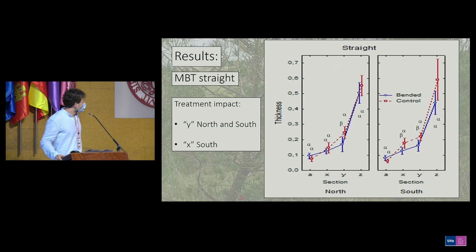We have again a reduction on both orientations of the maximum bark thickness, only in the straight group. And we also have a reduction on the X level, only to the south.